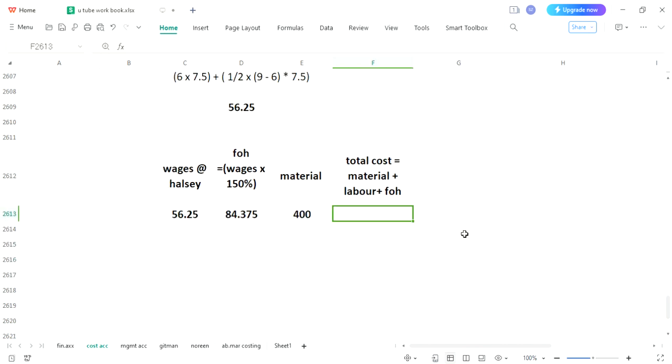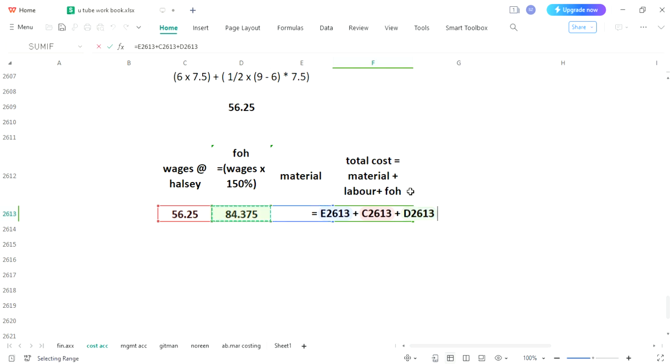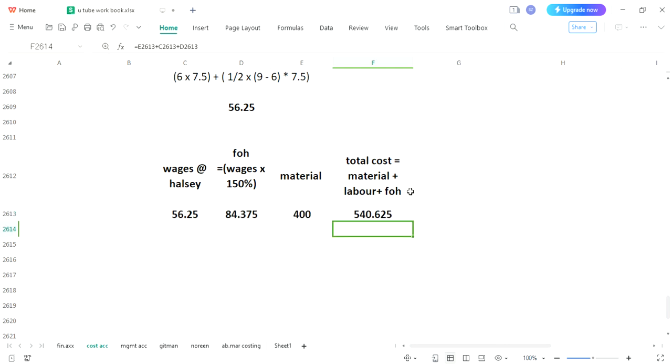And finally, total cost, total factory cost, material plus labor plus FH. Here cost of material was 400, then cost of labor or wages 56.25, then add FH, which is 84.375. So we have got our FH as well.